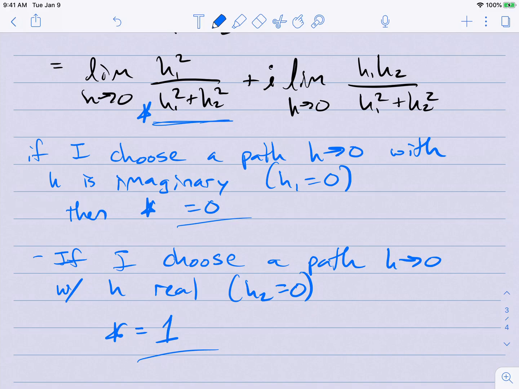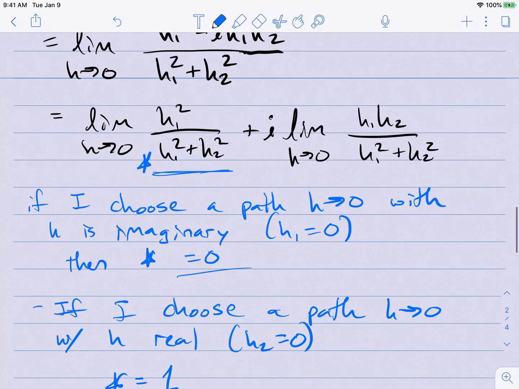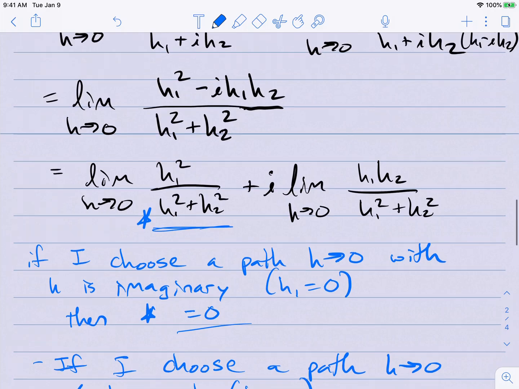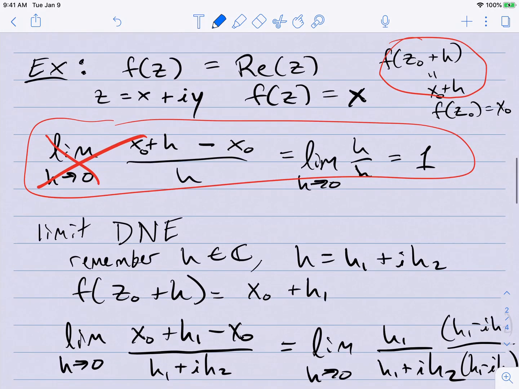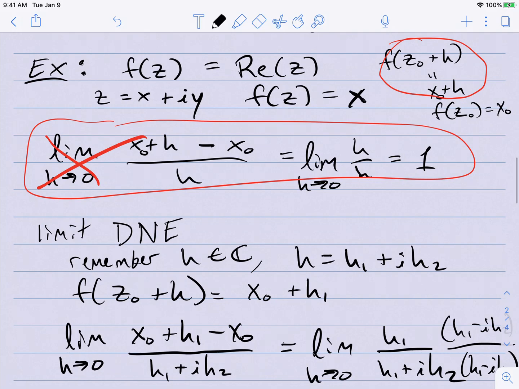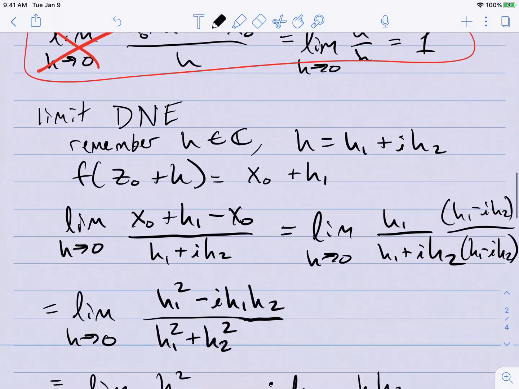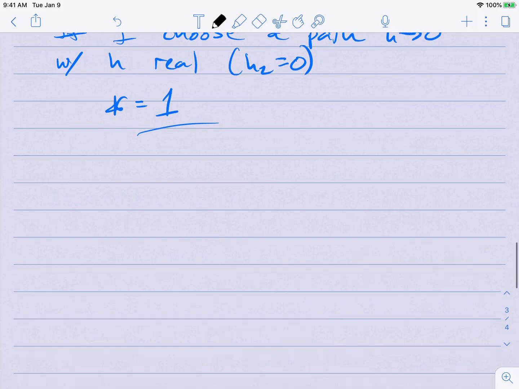Since they don't agree, this doesn't exist. And you can check that this part, same problem happens. If I choose different paths, I'll get different values for that limit, and so the limit doesn't exist. Okay, and so this is a pretty simple function, which already is not differentiable. And so that should convince you that there's more going on here. We have to be pretty careful.